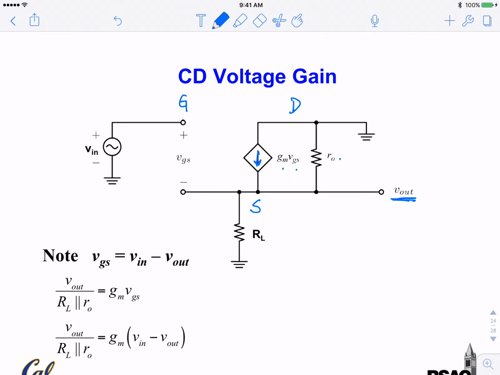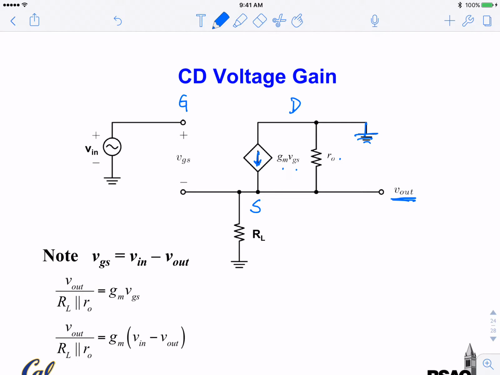Output is taken out from the source. Drain is grounded. So that's the small signal equivalent circuit for this AC equivalent circuit. Once you reach this point, the rest is KCL and KVL. Questions so far?